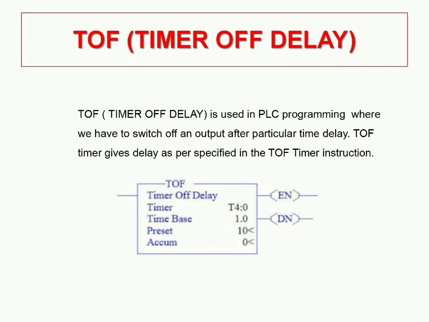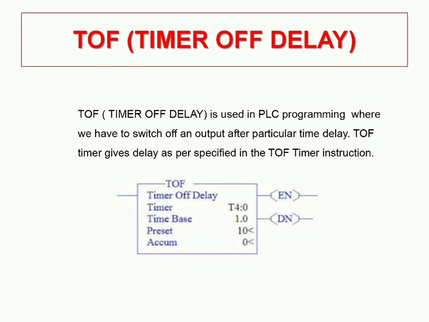It means when you want to switch off an output after a particular time delay, then we have to use the TOF timer. Likewise, with the TON timer, we switch on an output after a particular time delay. When we want to switch on an output after a particular time delay, we will use the TON timer. When we want to switch off an output after a particular time delay, we will use the TOF timer.